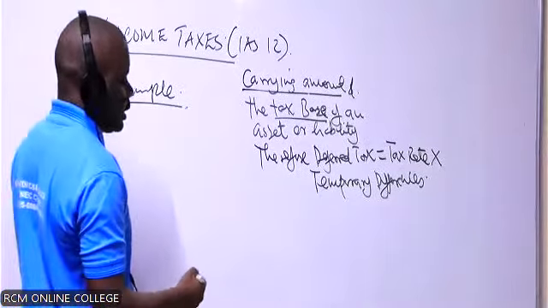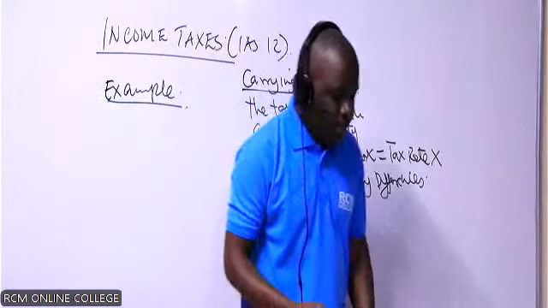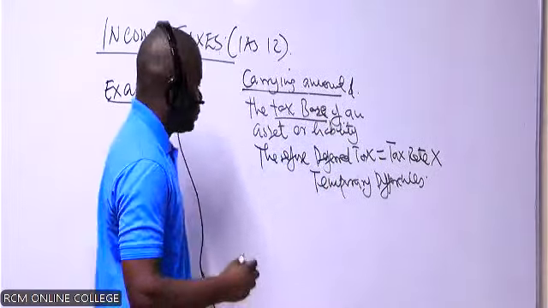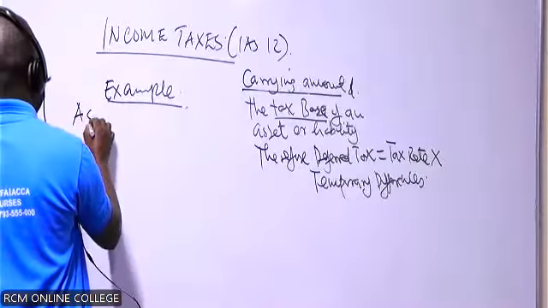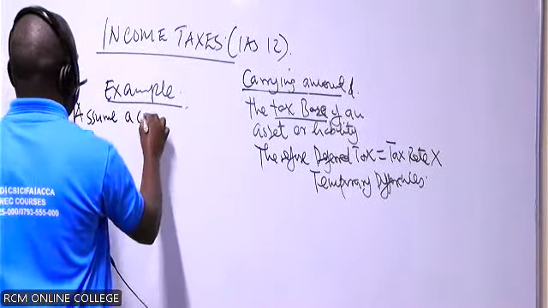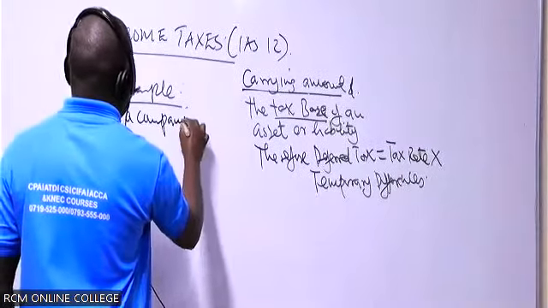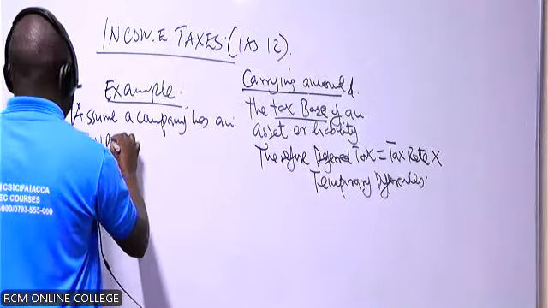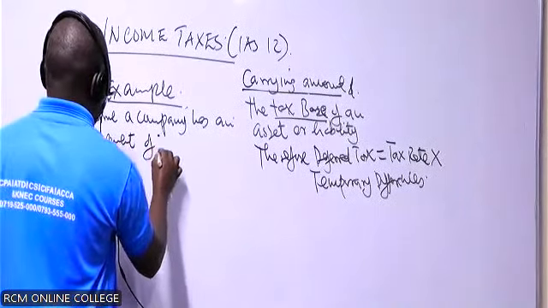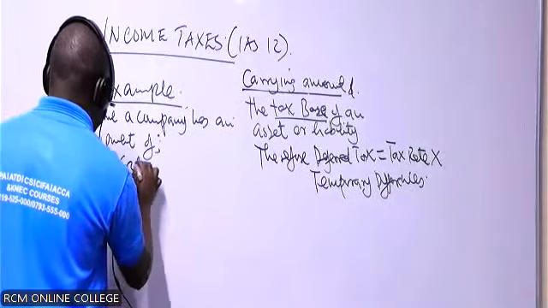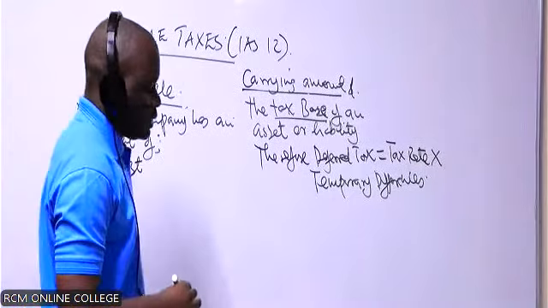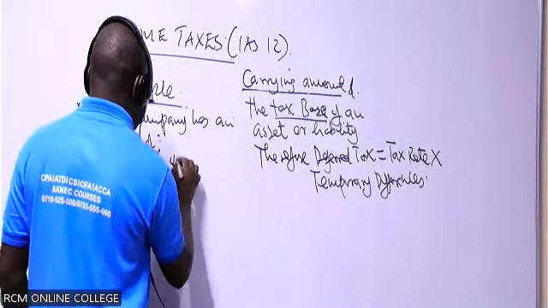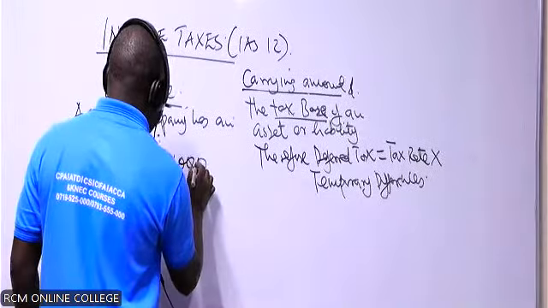Assume a company has an equipment. The cost of this equipment is, let's say, for example, 4,000.